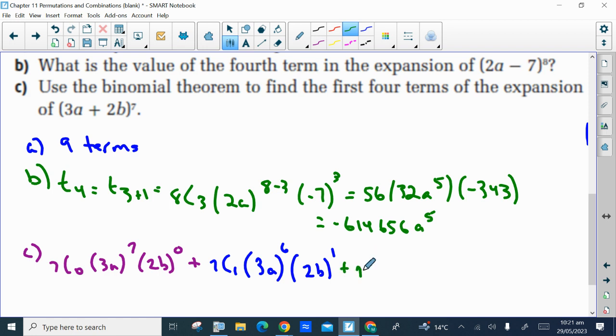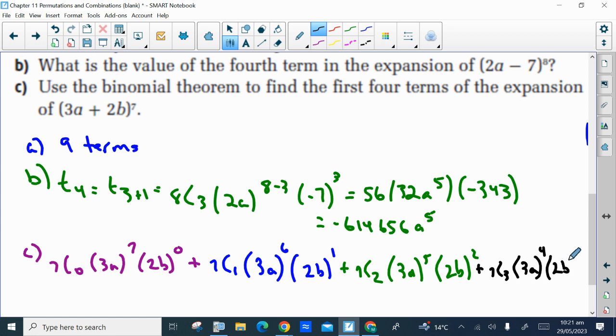Our third term will be 7c2. The power on 3a is decreased by 1. The power on 2b is increased by 1. That'll give us our third term. And the fourth term will be 7c3. The power on 3a is decreased by 1. The power on 2b is increased by 1.